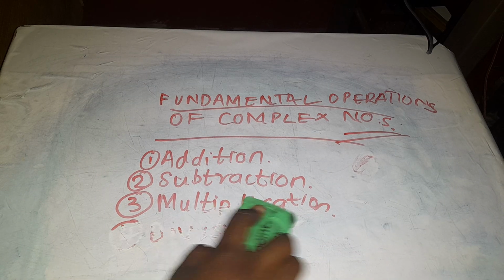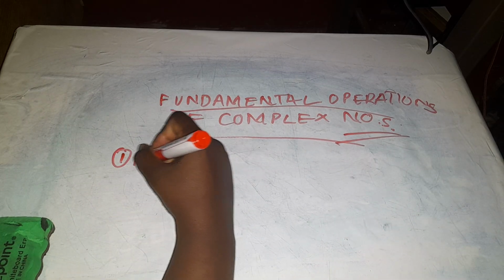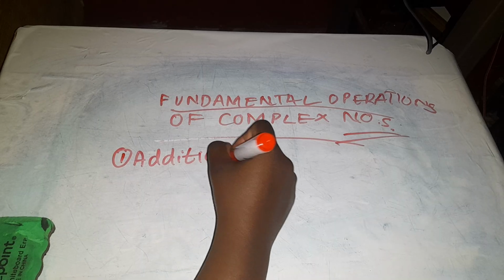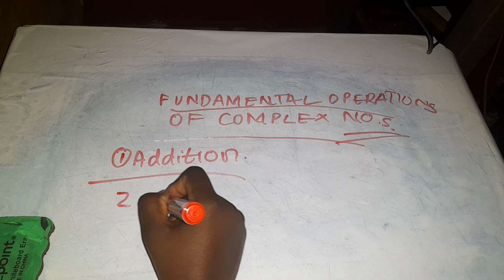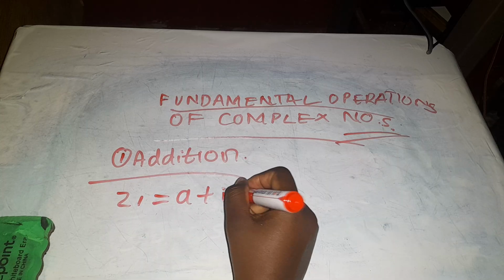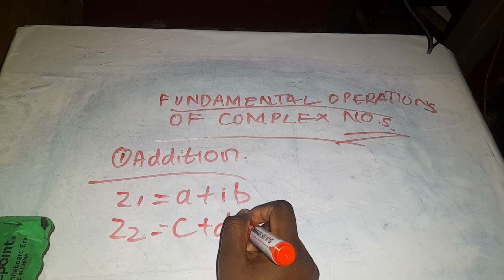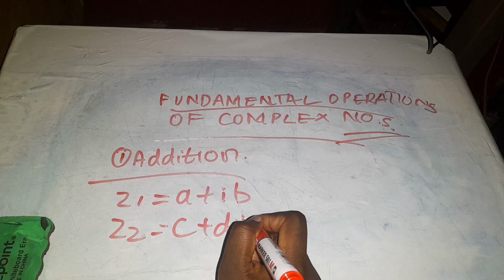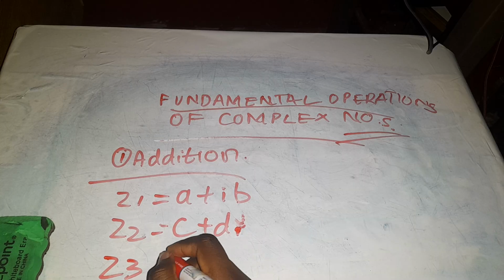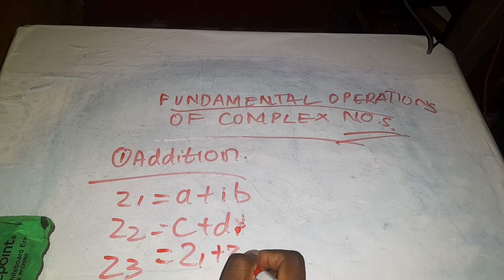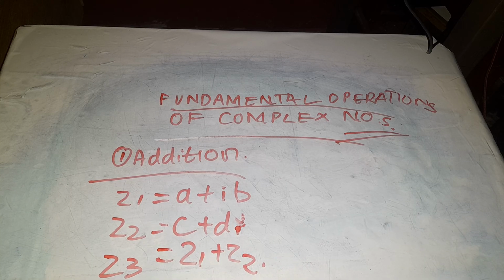So for example, let's start with our friend called addition. Say you're asked to add the number z1 is equal to a plus ib, and z2 is equal to c plus di. And then you're told to find z1 plus z2.